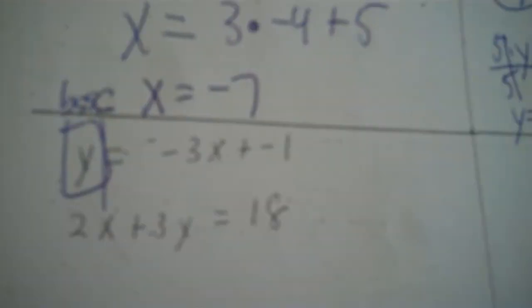Y equals -3x plus -1, then we have 2x plus 3y equals 18. So this time the base is the y, okay? So write your equation, 2x plus 3y equals 18.